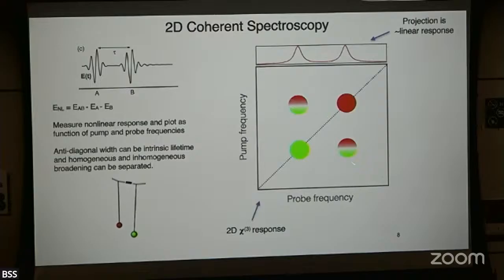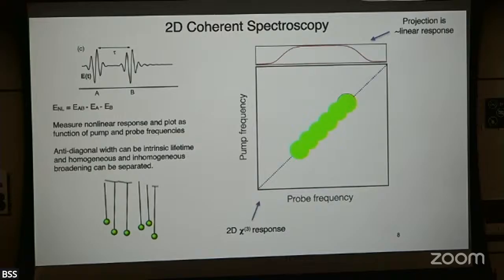You see off-diagonal peaks where they didn't exist before. The other thing we can do is look at some continua, where maybe I have many oscillators which are spectrally overlapping, perhaps all narrow, in which case I would get this kind of streak along the diagonal. The linear response would just be this uninformative blob, but I can look at the cut in this direction and get out the lifetime in this fashion.